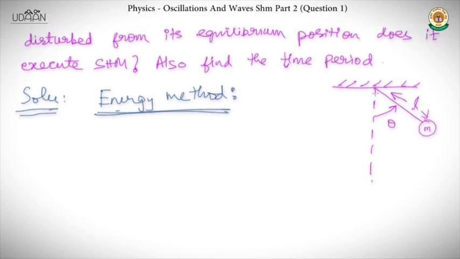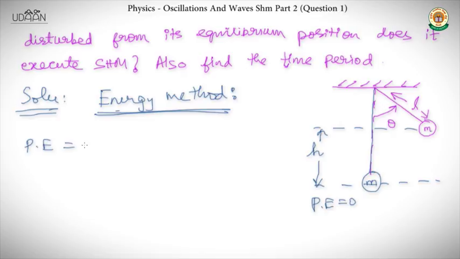So when this pendulum is in equilibrium, it is at this position. So let's say that the potential energy at this height is 0. I'll write P for potential energy and KE for kinetic energy, and when it is at an angular position theta, it is at a height h from the equilibrium position. So potential energy, as we know, is mgh.